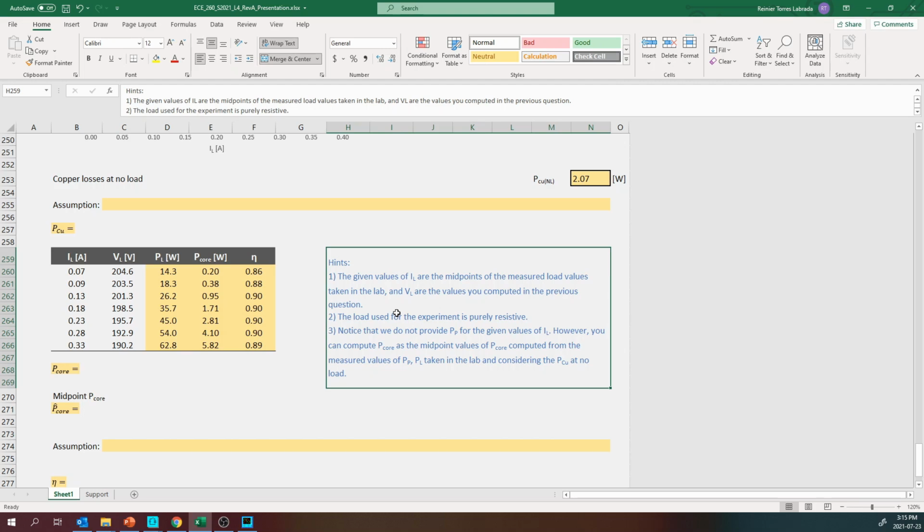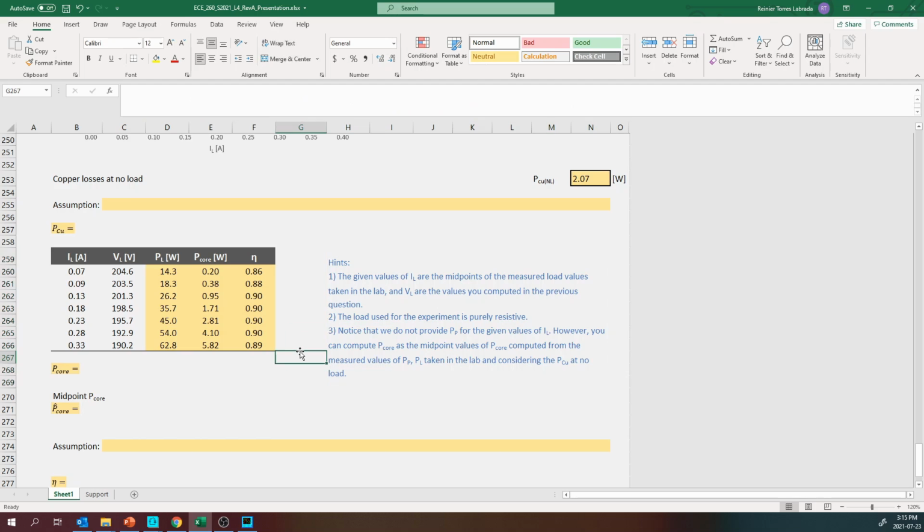They are going to help you figure out how to proceed with the rest of it. The reason for that is because the copper losses are variable. They change when you change the load, and the currents change, they also change. But we don't have the resistance of the secondary and primary, so we can't really compute the power losses.